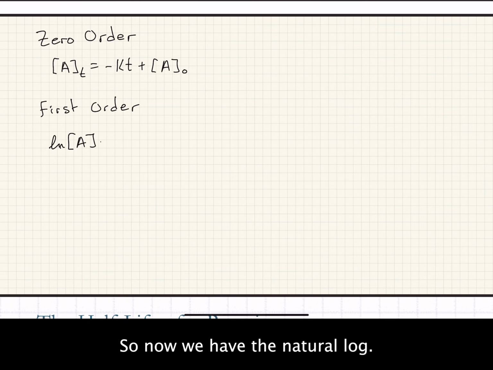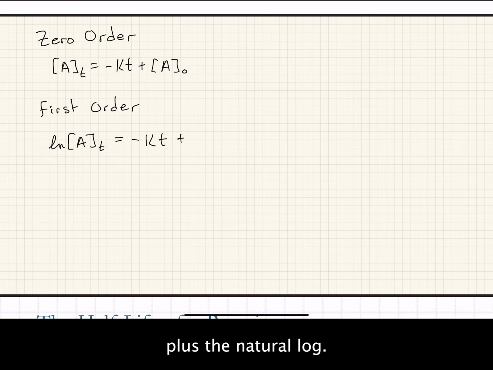So now we have the natural log of A at time t equals negative kt plus the natural log of A0.